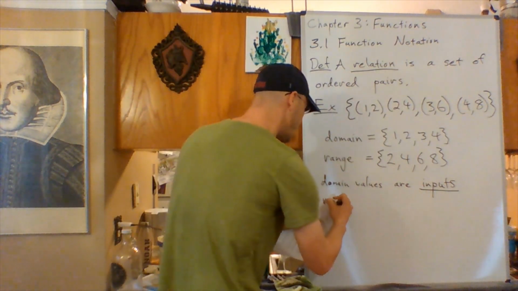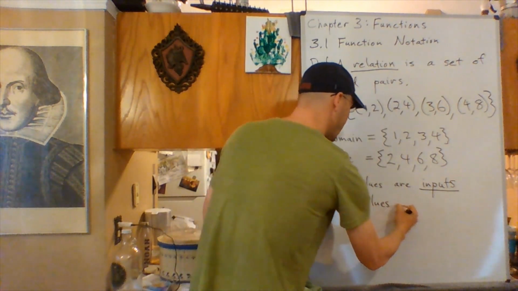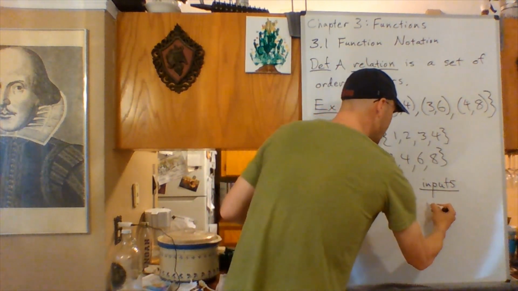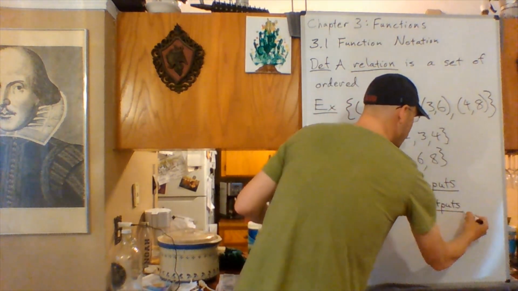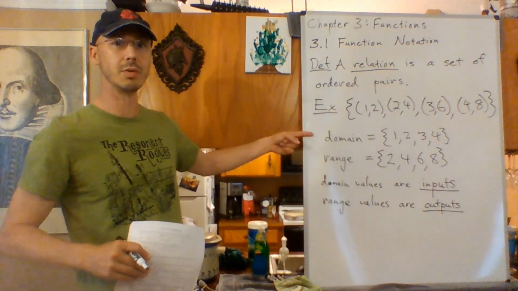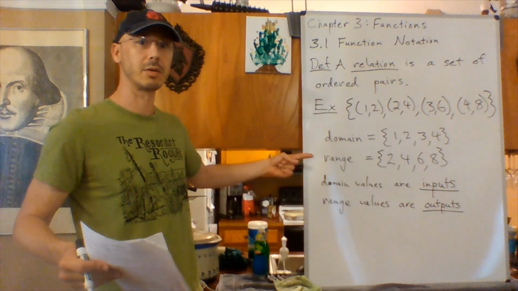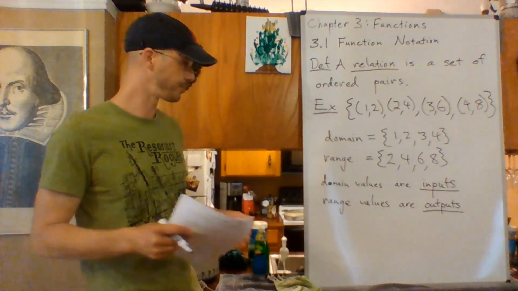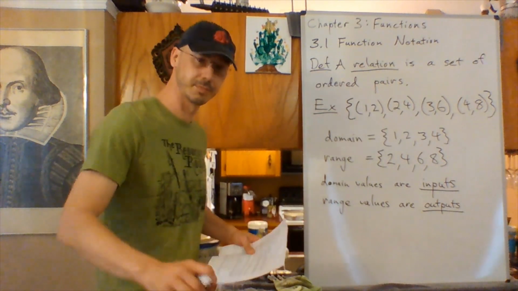And the range values are going to be called outputs. So the inputs for this function are the 1, 2, 3, and 4. And the outputs are 2, 4, 6, and 8.